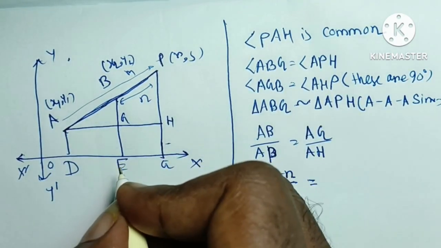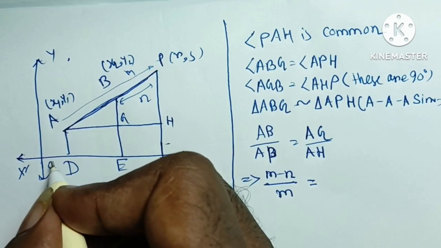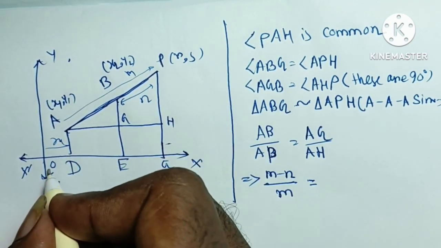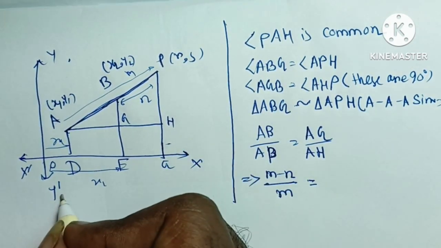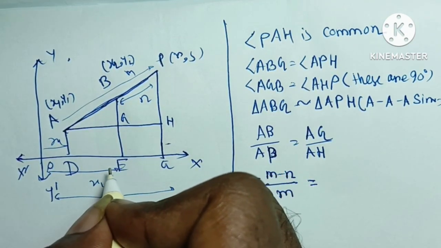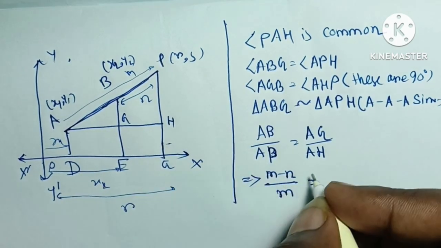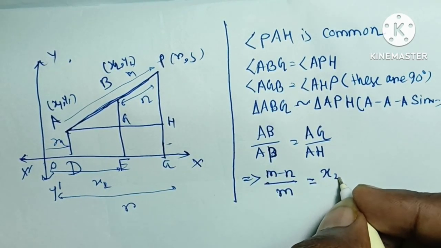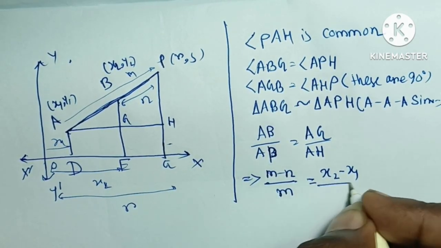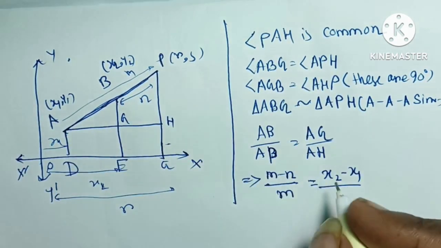And AG, you see, this length is x1, this is x2, this is R. So AG is x2 minus x1, and AH is R minus x1.